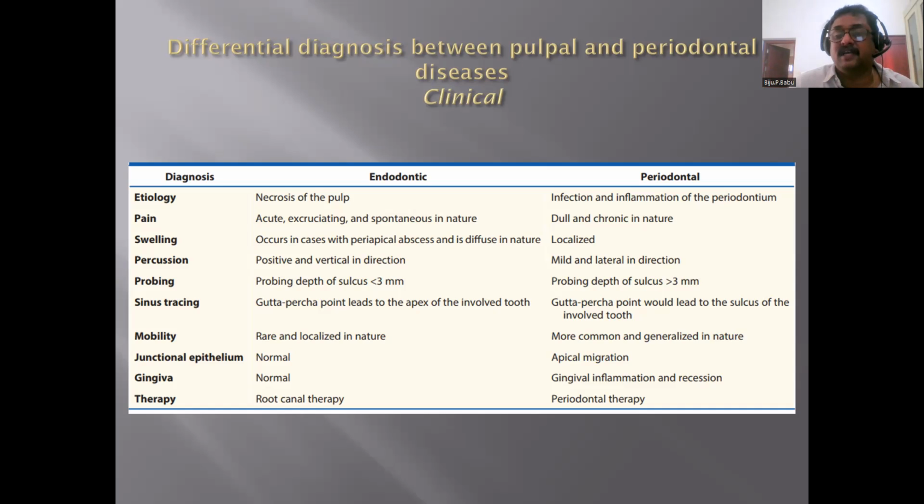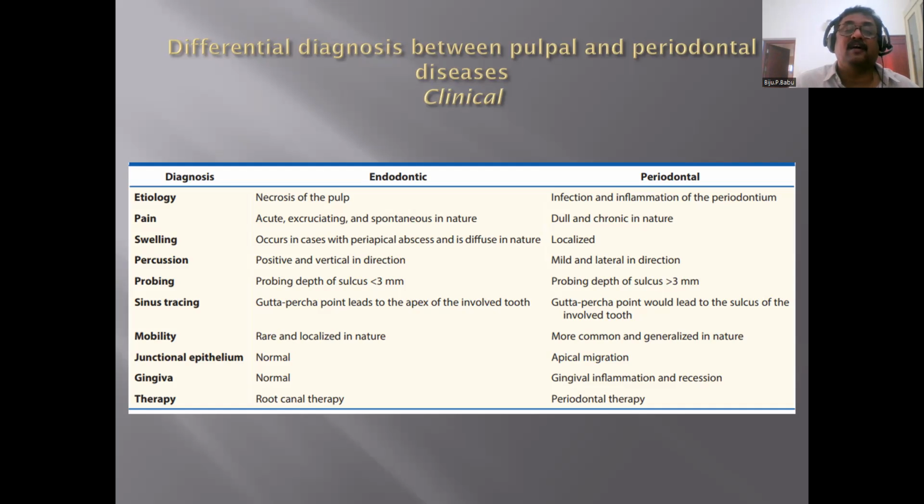So the pain is very severe, and a patient will not be able to tolerate the pain. But in a periodontal condition, there is swelling localized to that area, or in the tooth area. There is gingival swelling, and the pain is not that severe.